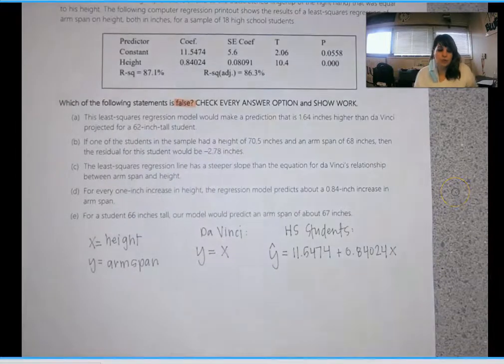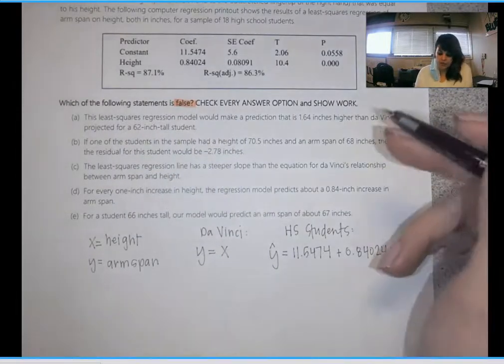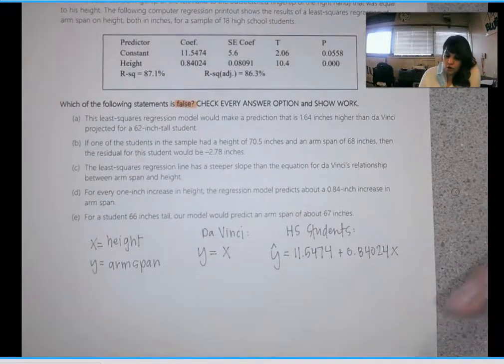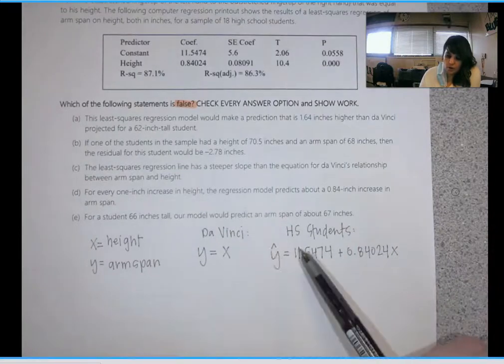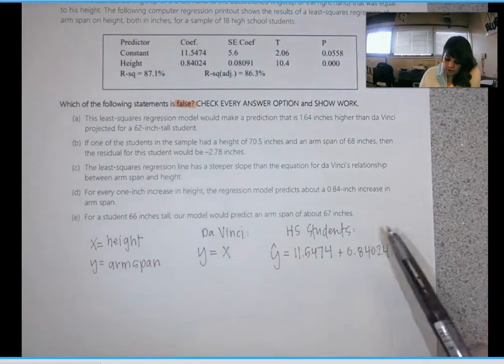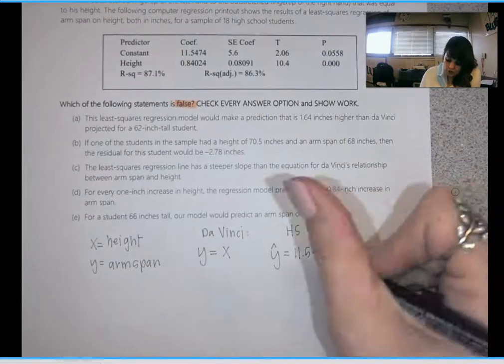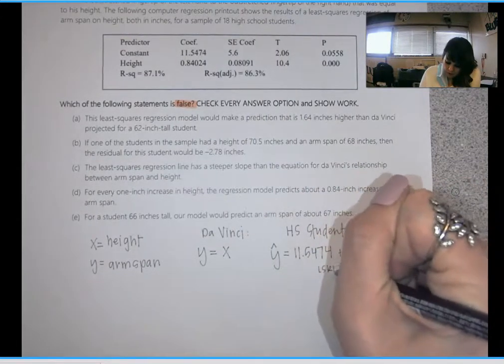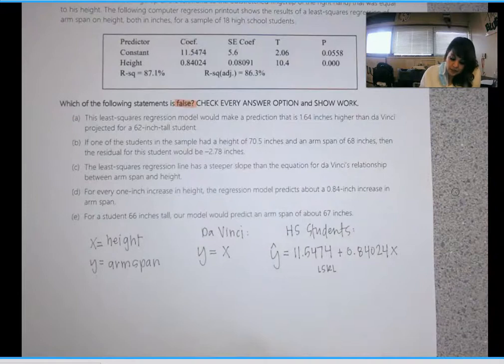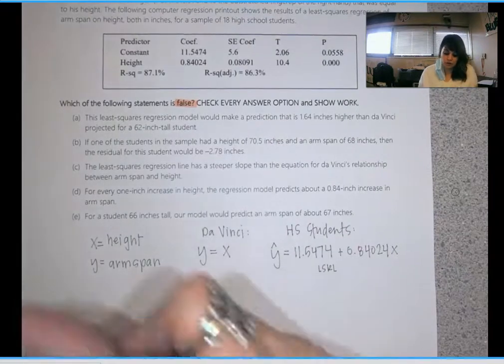So the least squares regression model, okay? Well, let's make sure that we know which one of these is the least squares regression model. Hopefully you're thinking, well, duh, teacher. It's definitely this one. The least squares regression model will make a prediction that is 1.64 inches higher than Da Vinci's projected for a 62-inch tall student.